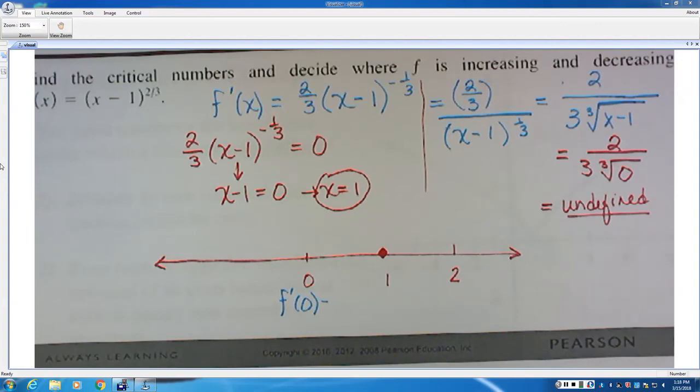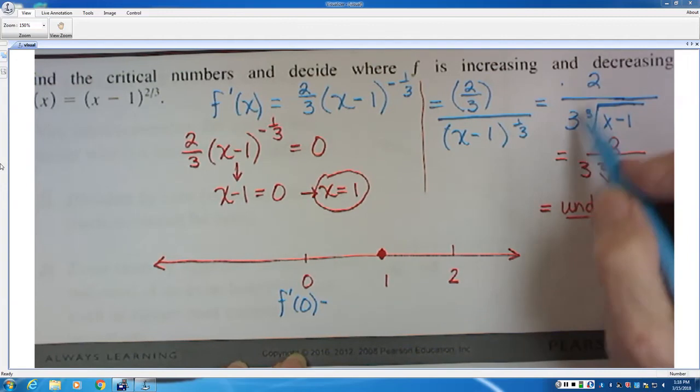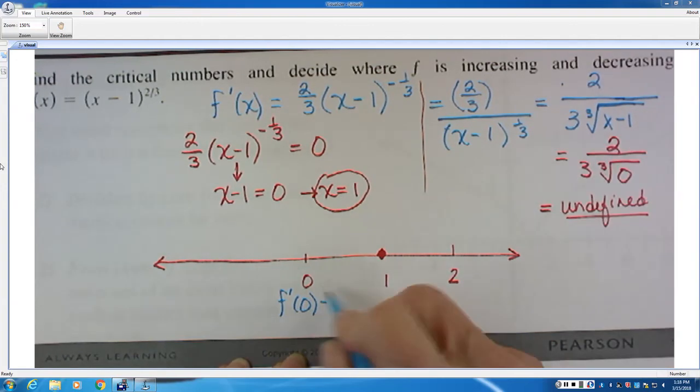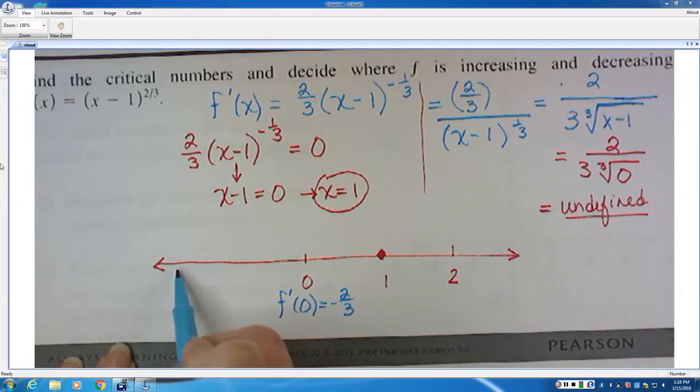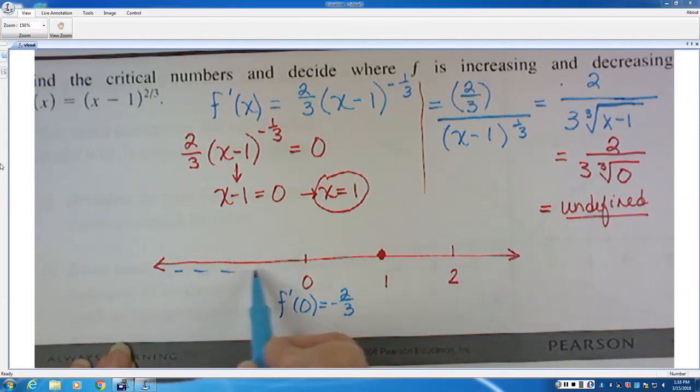No. Cube root of negative 1. Negative 1 is the result of negative 1 times negative 1 times negative 1. So the cube root of negative 1 is negative 1. So that means that's 2 over 3 times negative 1, which is negative 2/3, which says that, okay, the derivative is negative until it gets to 1.